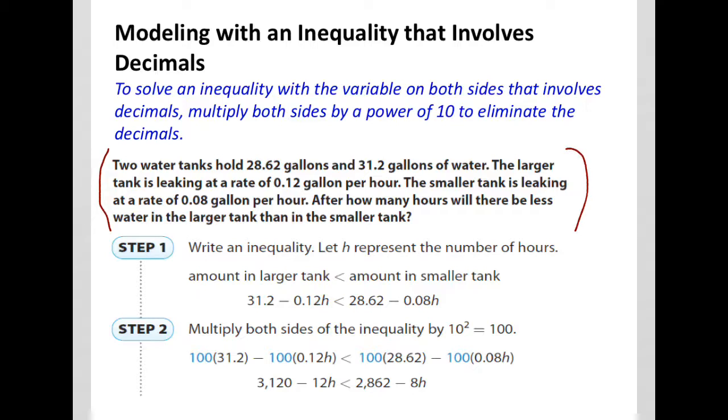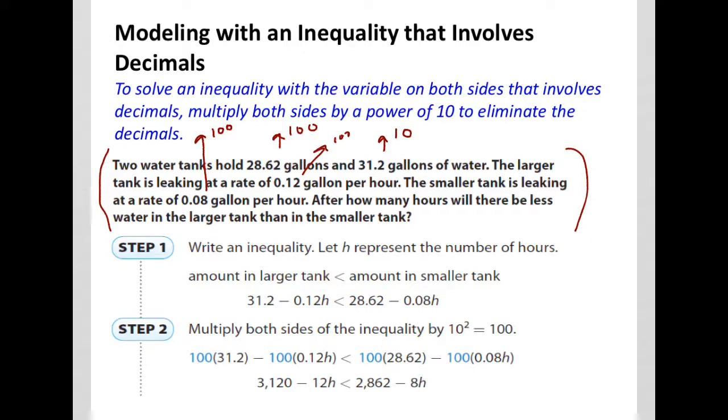Well, I tried to be explicit with the pronunciation of 28.62, which means the 2 is in the hundredths place. 31.2 has the 2 in the tenths place, and we look at 0.12, which is again in the hundredths place, and then we're looking at 0.08, which is also in the hundredths place.